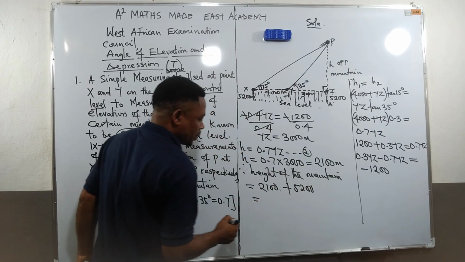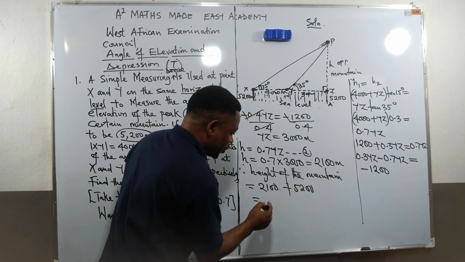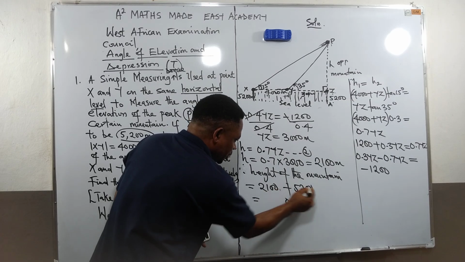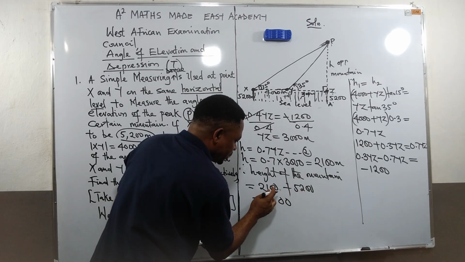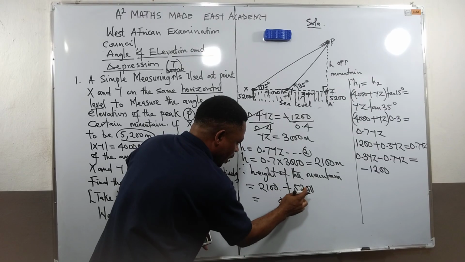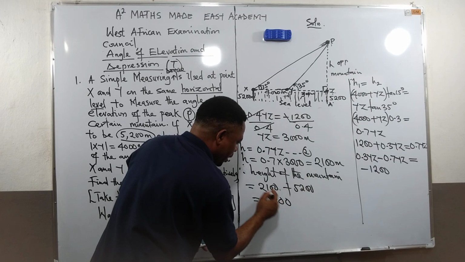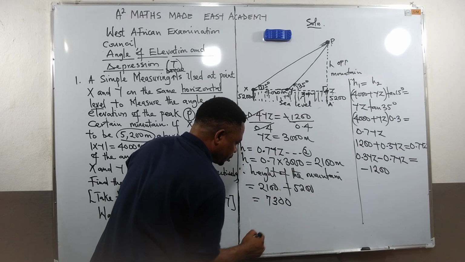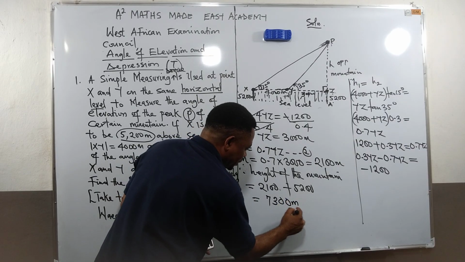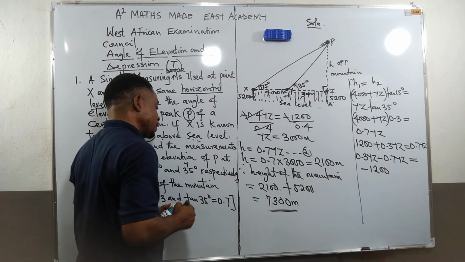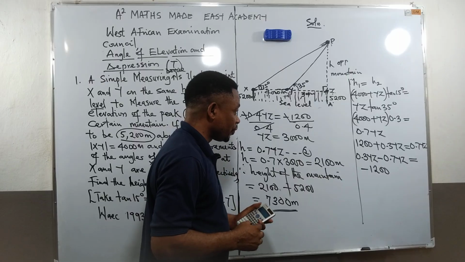Can we add now? This is 0, this is also 0, and this is also 0, and this plus this will give you 3, and 2 plus 5 will give you 7. So the correct answer is 7,300 meters.